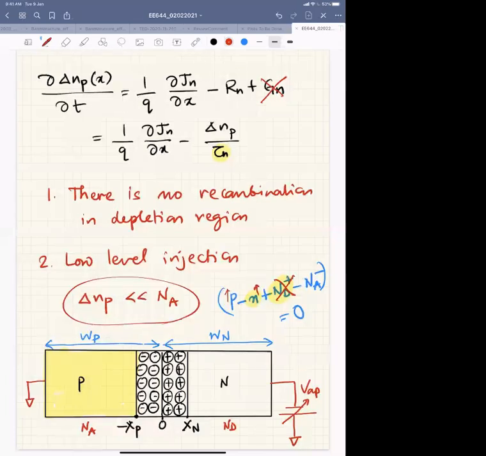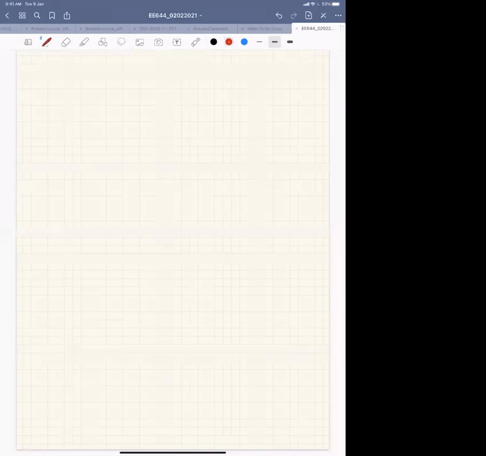Let me write it down. So delta NP also creates delta PP, because to maintain charge neutrality.